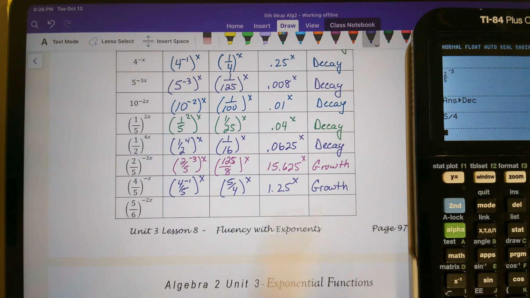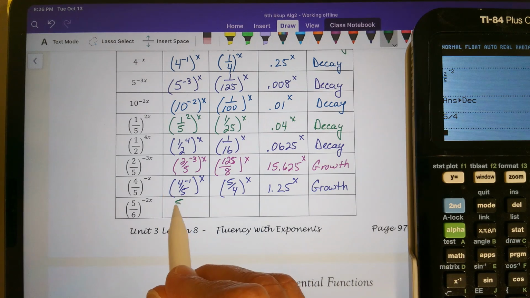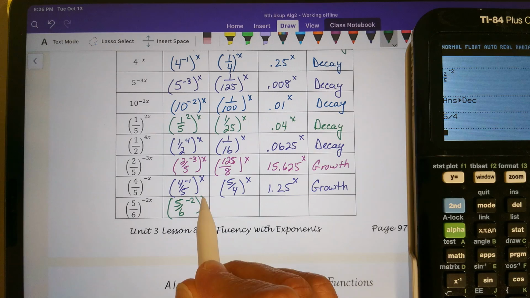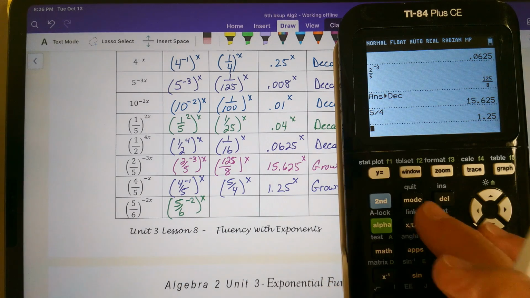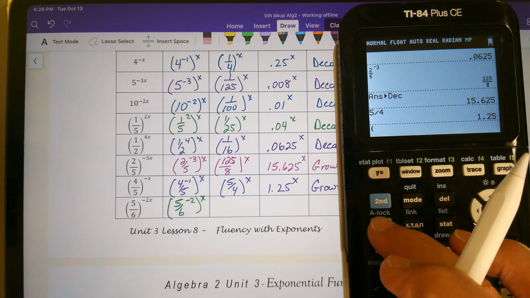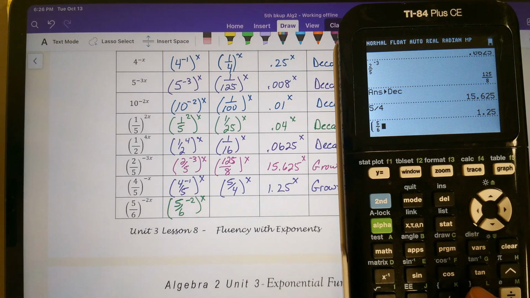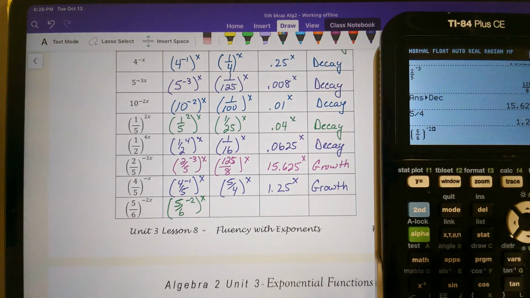And our last one, 5/6 raised to the negative 2x. That's 5/6 to the negative 2 raised to the x, and you can use your calculator. 5/6 raised to the negative 2.